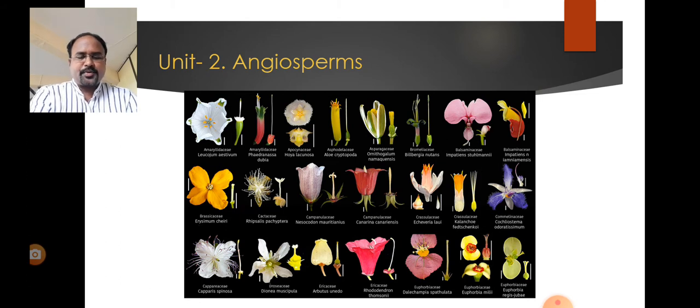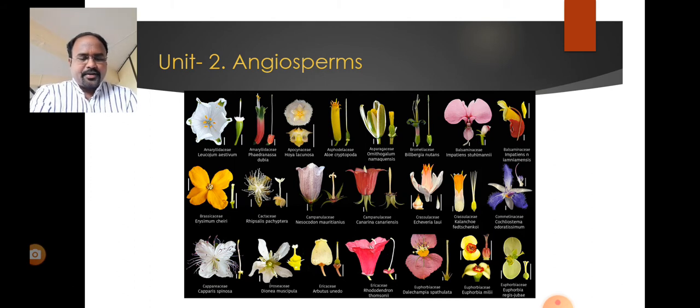Then come to the next point, microscopy. In microscopy, we will discuss the working principles of the light and electron microscope: how the compound microscope works, and how the electron microscope works. Then chromatography.